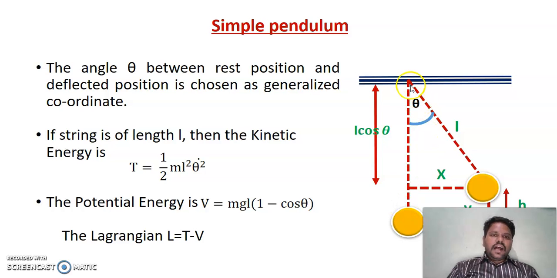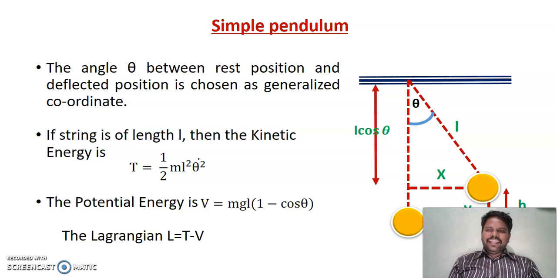However, r is fixed, whereas angle theta is changing from its mean position to the extreme position. So the angle theta between the rest position and deflected position is chosen as generalized coordinate.